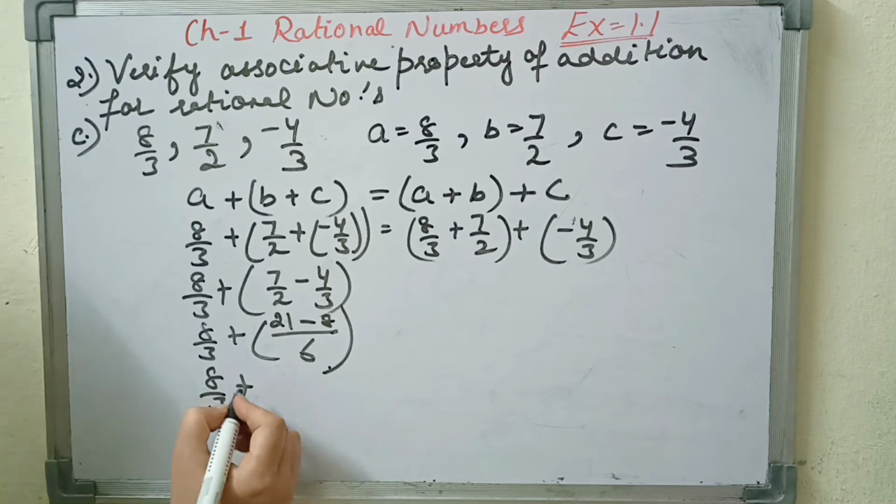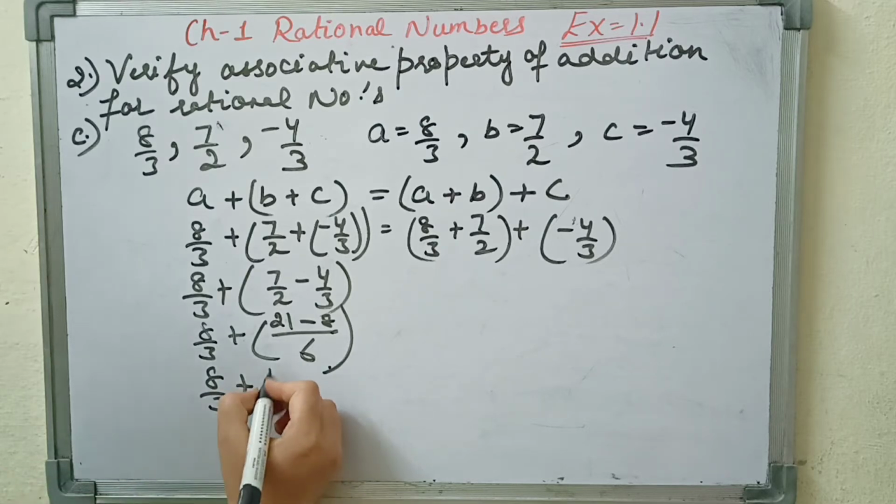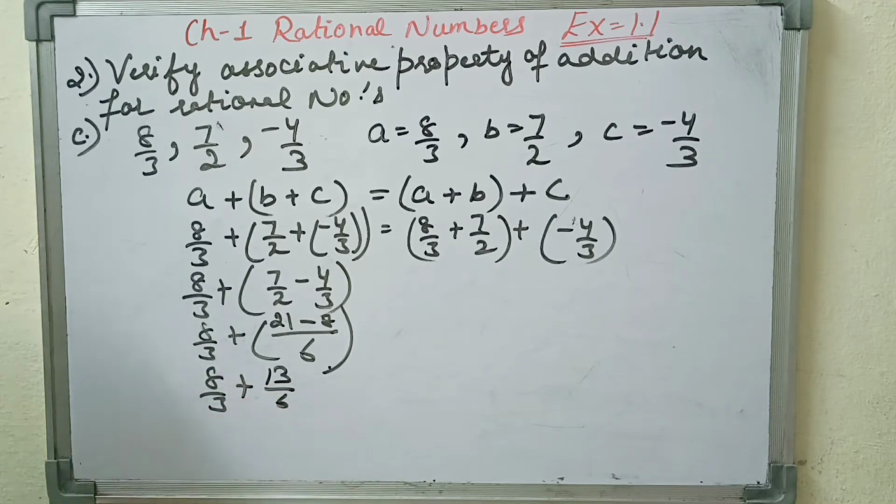Now 8/3 and 21 minus 8 is 13, so 13 over 6. Now again I take the LCM of 3 and 6. It is 6. 3 twos are 6 and 2 eights are 16. 6 ones are 6 and here is 13. Now add 13 and 16, we get 29 over 6.